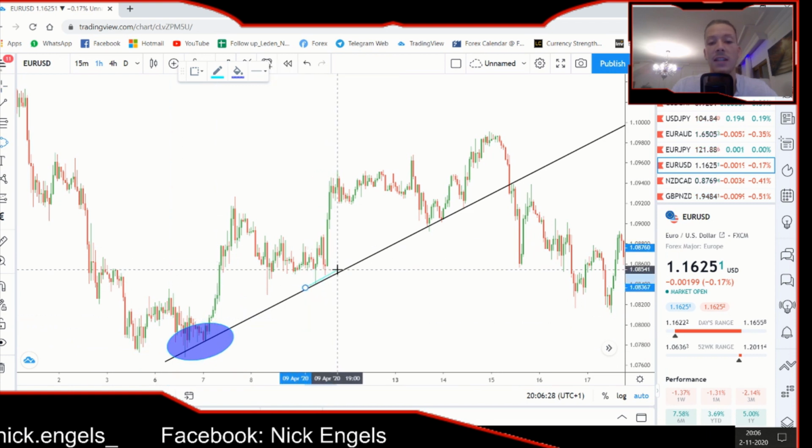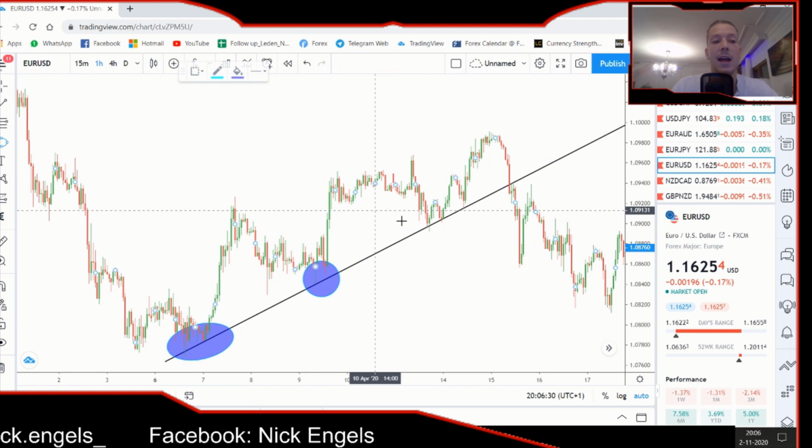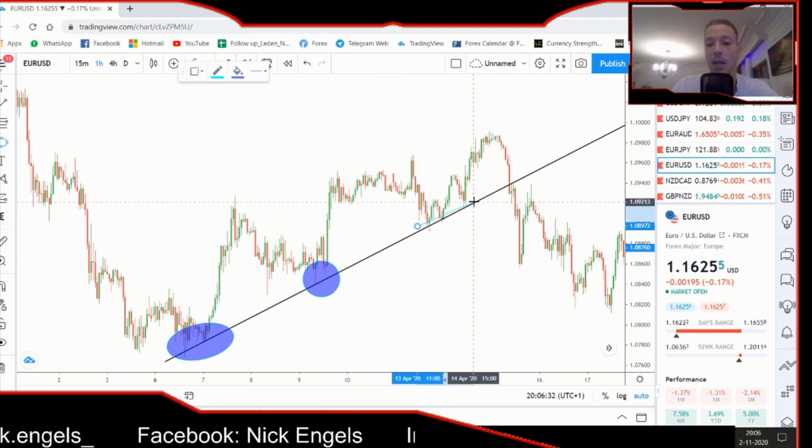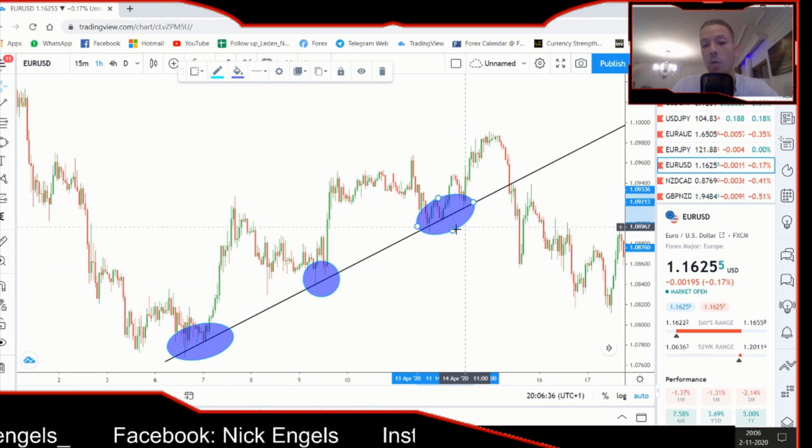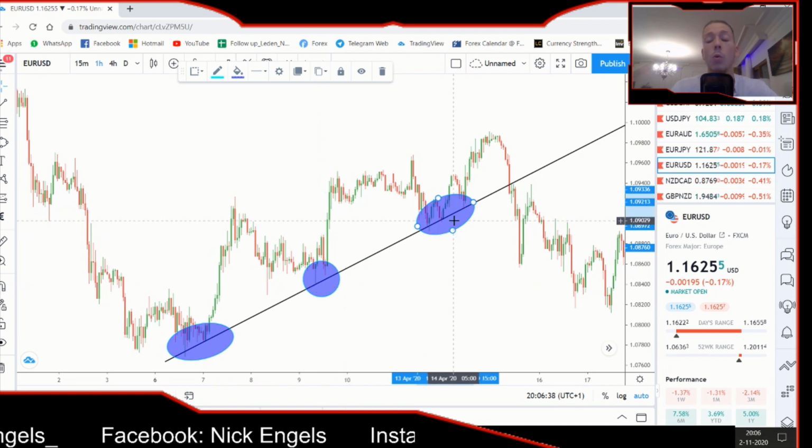Then we have this area over here. And last but not least, we have this big area over here. These are all potential areas we can look for to take what we call in the trading world a buy. A buy is you saying, I think the price is gonna move upwards.